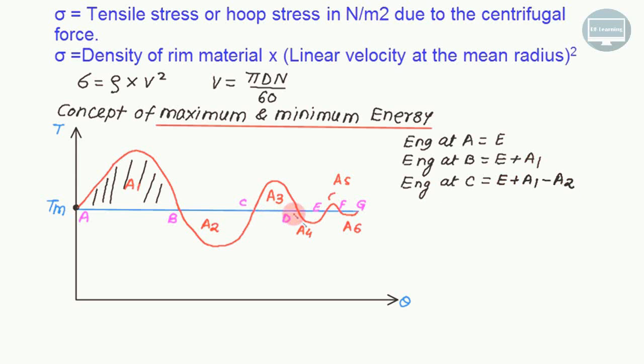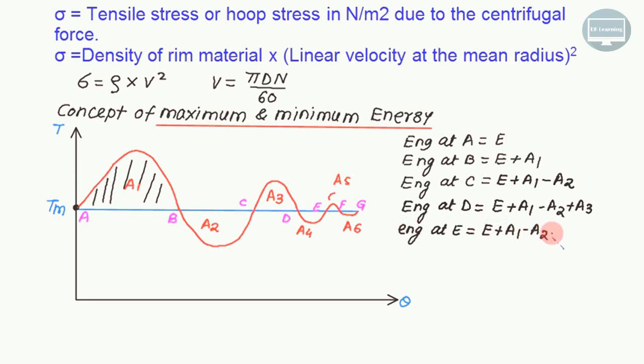Now with respect to this, we can calculate at D. The energy at D is the energy at C plus this value, which is a plus value because it is above. So this one is E plus A1 minus A2 plus A3. Similarly, the energy at E is E plus A1 minus A2 plus A3 minus A4.